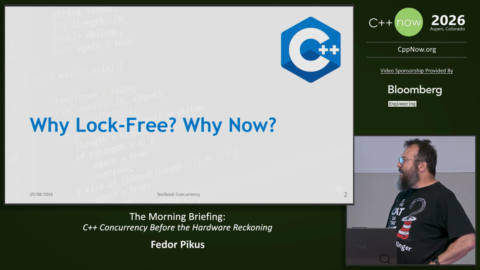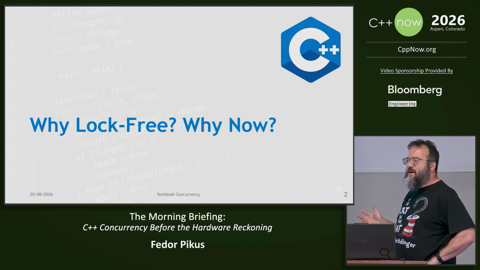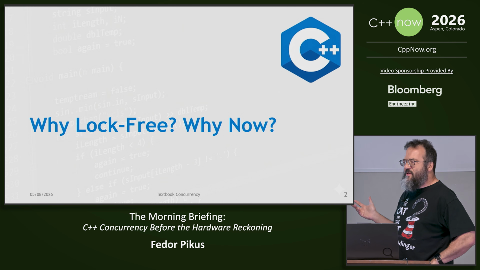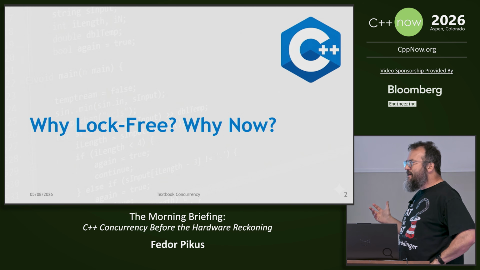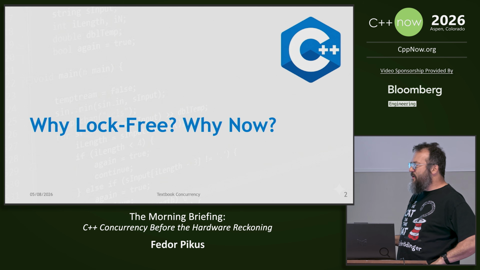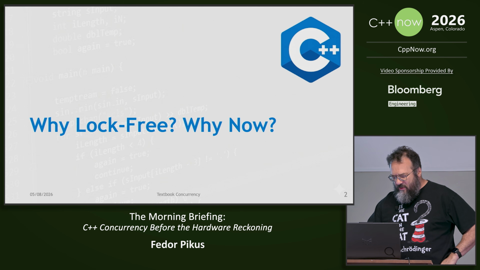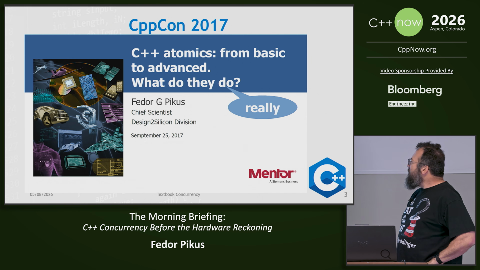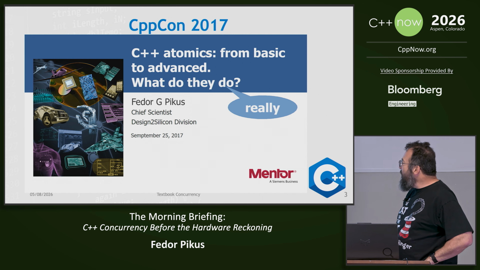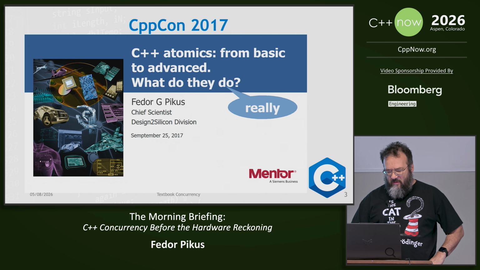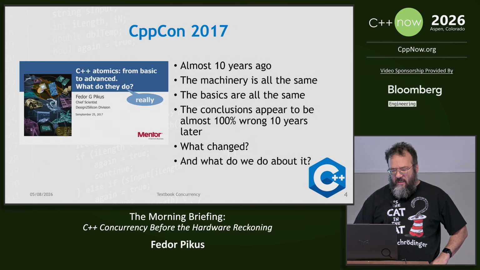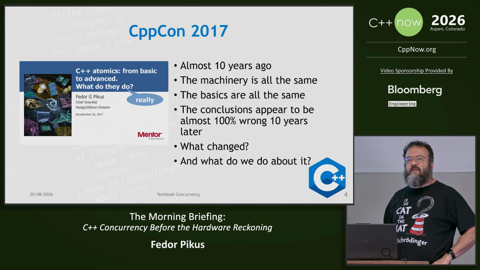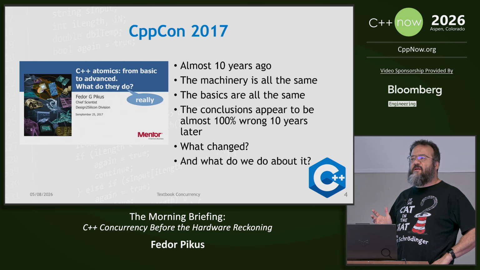Now, a little bit of explanation of why I'm coming back to this. This isn't exactly the hot material right now. So why now? Almost 10 years ago, I gave this talk at CPPCon about atomics, and since then, nothing has really changed.